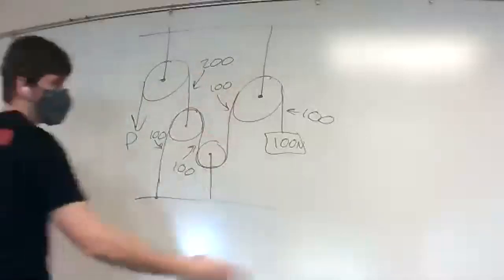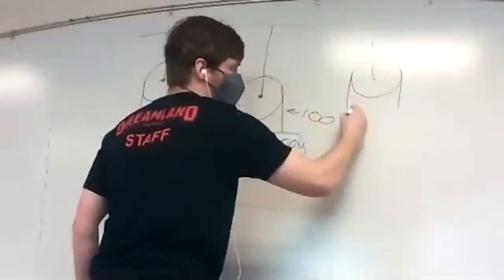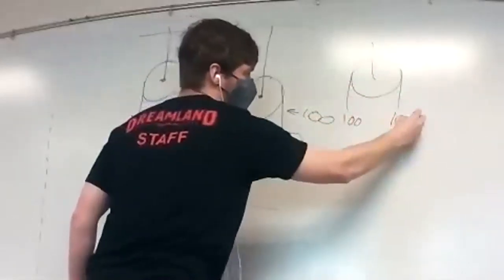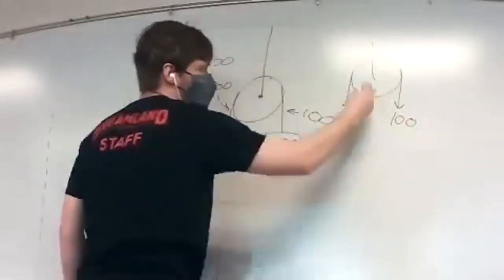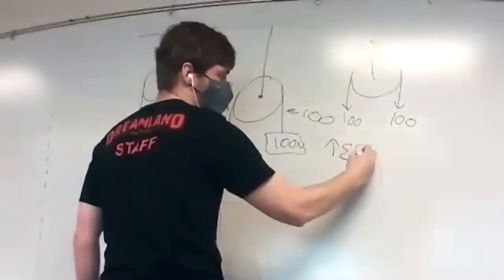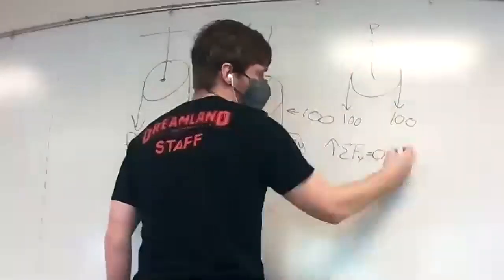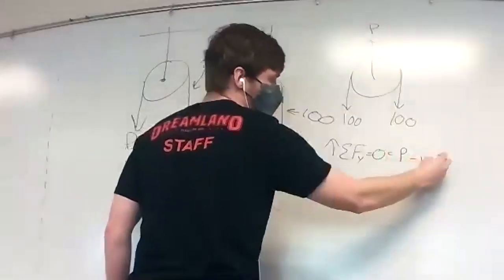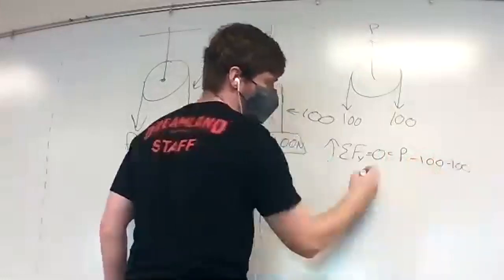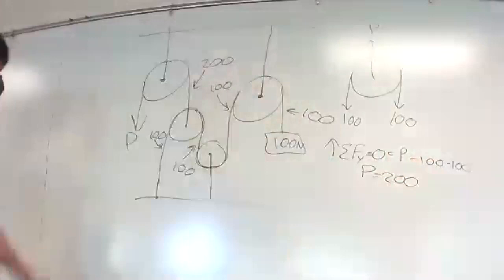Because when you take this pulley by itself and you have 100 and 100 going down, the sum of the forces in the y direction is equal to 0, which is our unknown P minus 100 minus 100. So P must be 200.